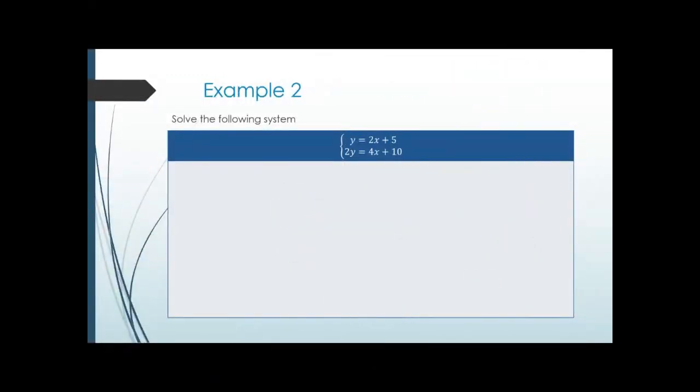Now let's take a look at example 2. So I solve the following system. I have y equals 2x plus 5 and 2y equals 4x plus 10. So I have one equation solved for y. So everywhere I see y in the second equation, I can replace it with the first equation, which is 2x plus 5, because y is equal to 2x plus 5.